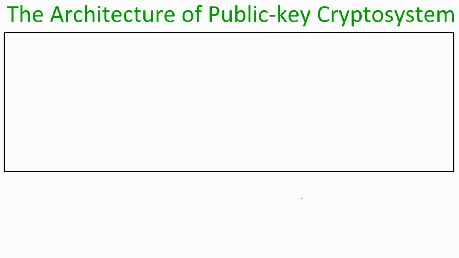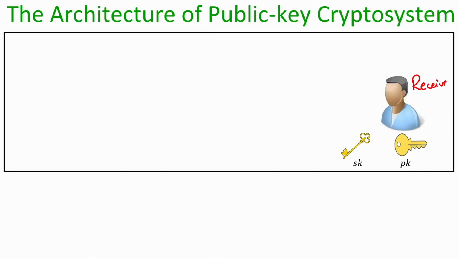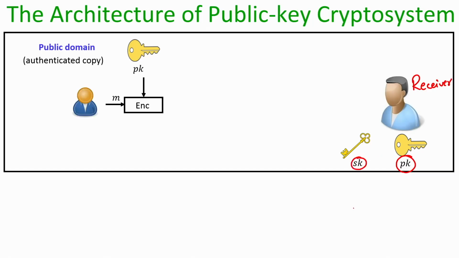So, let us see the architecture of public key crypto system. In this system the receiver will have two keys, a key which we call as public key pk available in the public domain, and there will be another key sk which will be secret key and available only with the receiver.